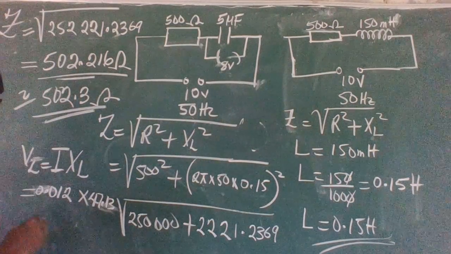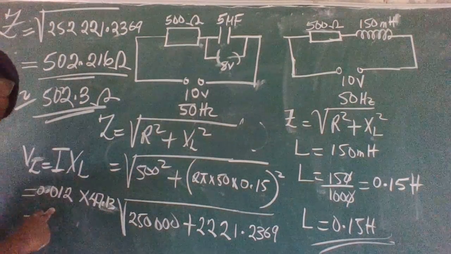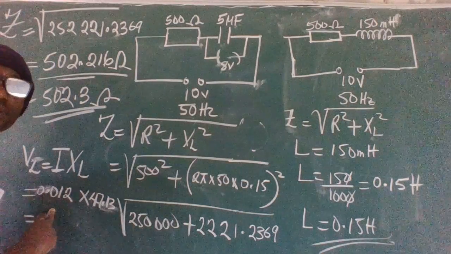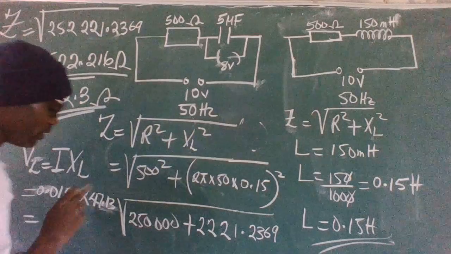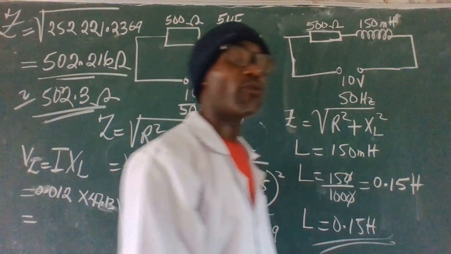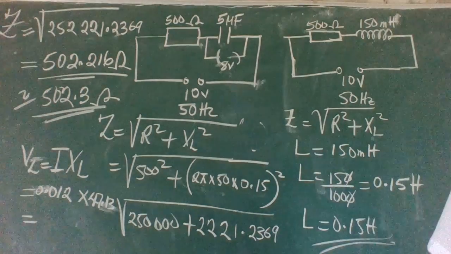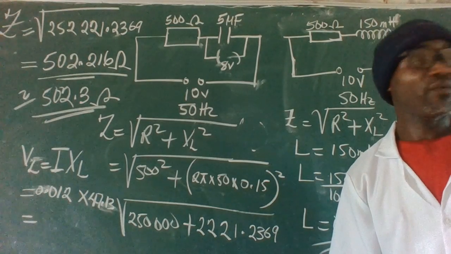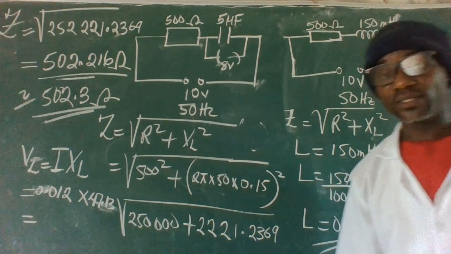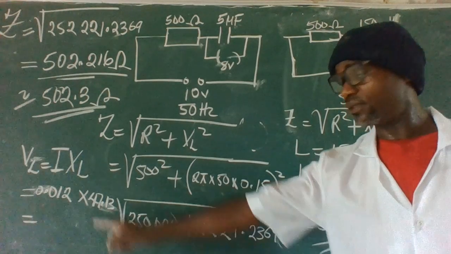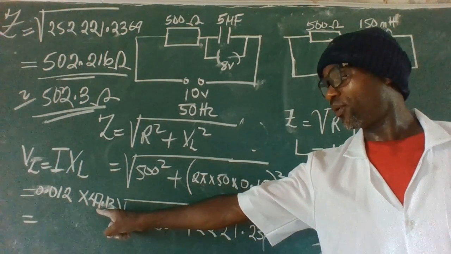Good. So finally what you do for me is multiply 0.012, the value of the current found, times 47.13. Are we there? Yes, sir. So what do we have? 0.012 times 47.13.